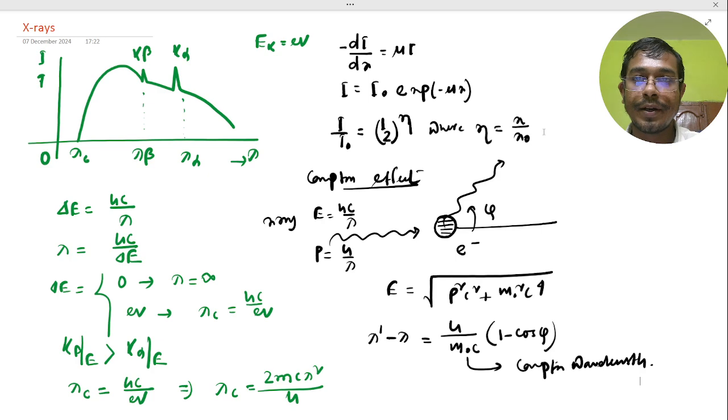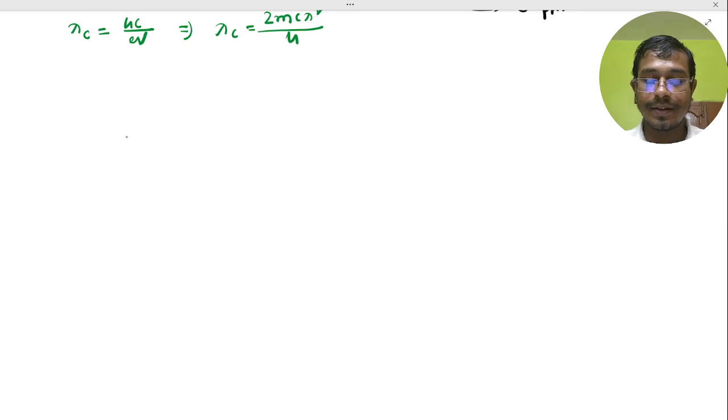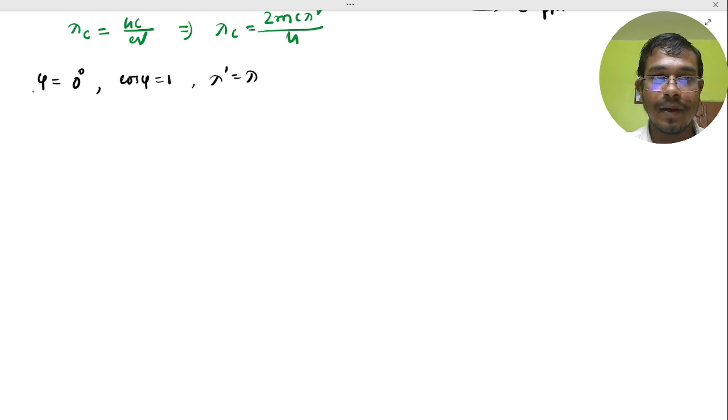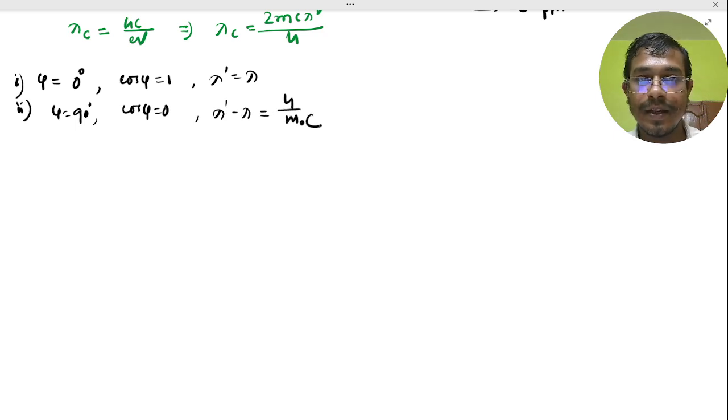So one important topic for JEE Advanced. First, for phi equal to 0 degree, we get cos phi equal to 1, so lambda dash is equal to lambda. Second, for phi equal to 90 degree, cos phi is 0, so lambda dash minus lambda is equal to del lambda, h by m naught c.